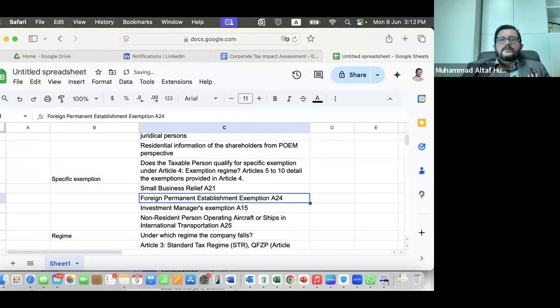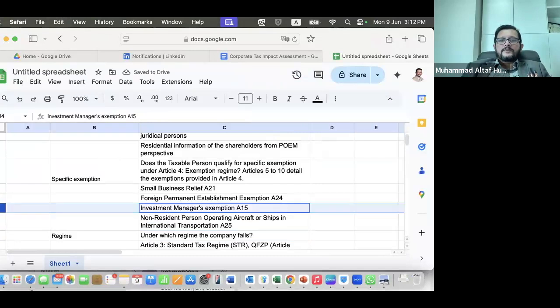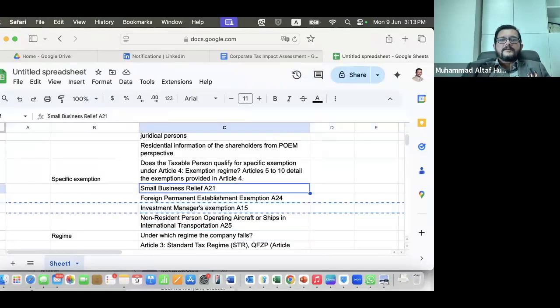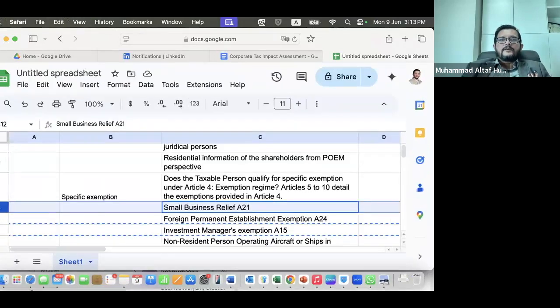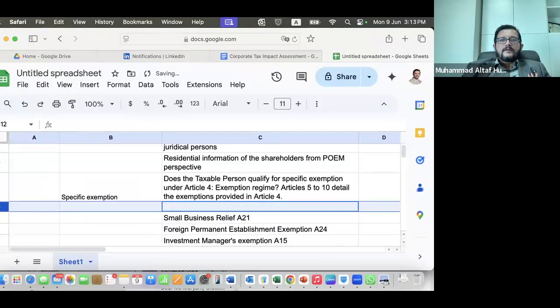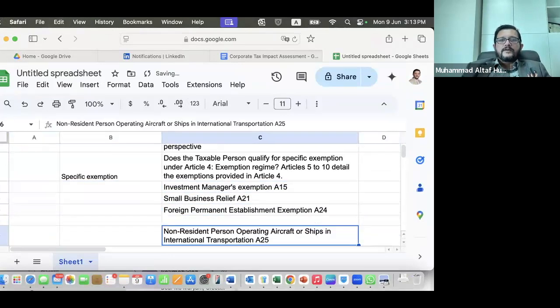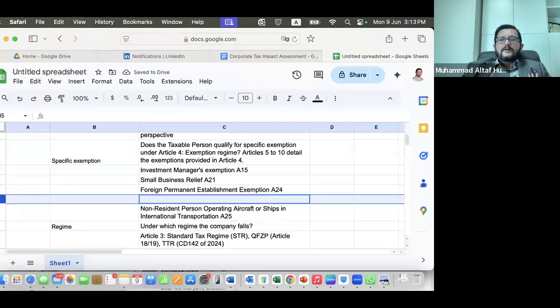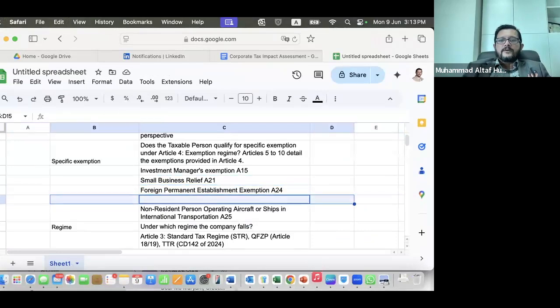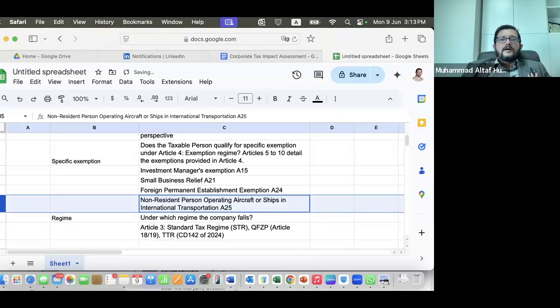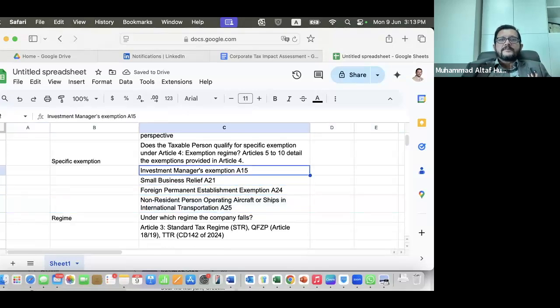If you look at it from a sequence perspective, Article 15 is for the investment managers exemption.